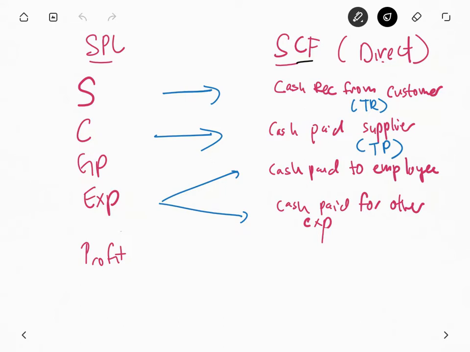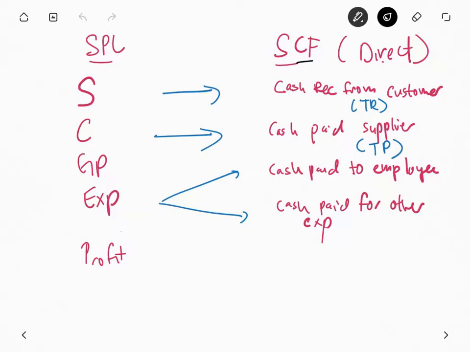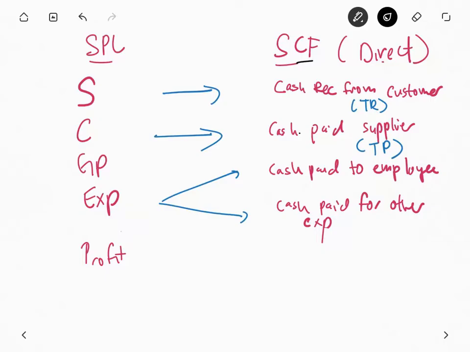So direct method means directly from your sales to here, we start with cash received from customer. We sell to our customer, so from customer. What is next? SPL will be cost, meaning purchase, so cash paid to supplier. Expenses, the standard says must split into employee and others. So we split both expenses. Got it?